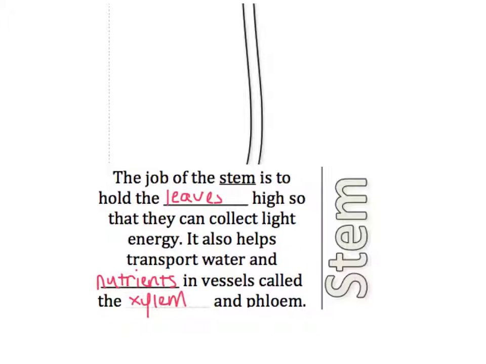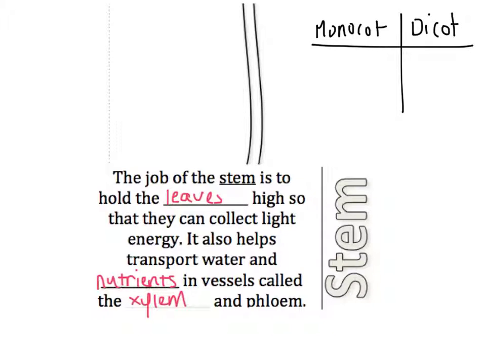When we talk about a comparison of stem cross sections, monocot versus dicot, here's what we see. So this should be on the back side of your flap of your notes page. But monocot versus dicot, we have our cross section of the stem showing a difference in where the vascular bundles are arranged.